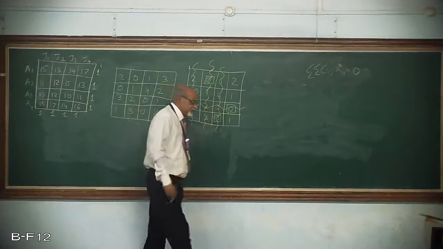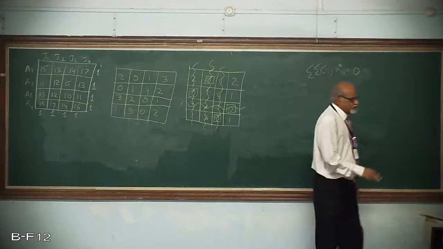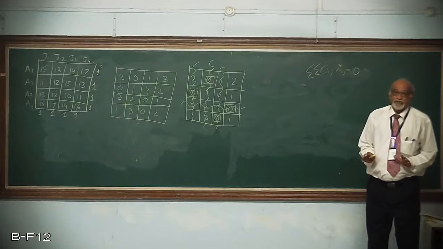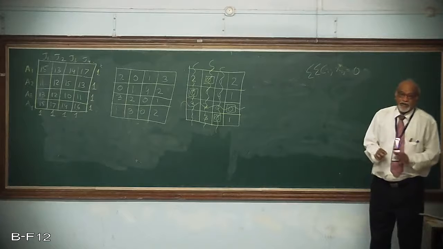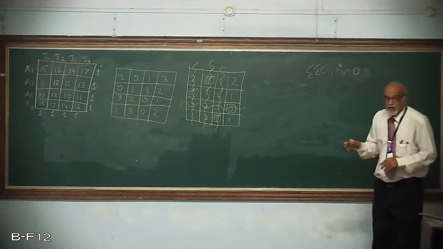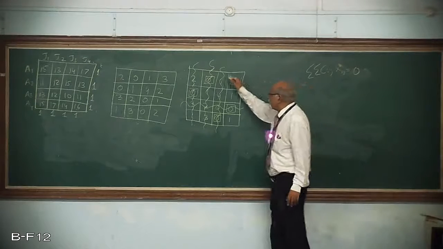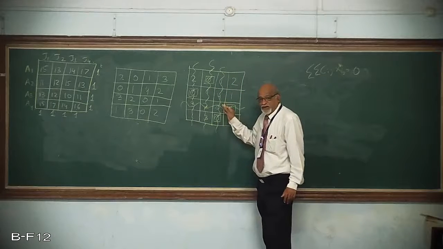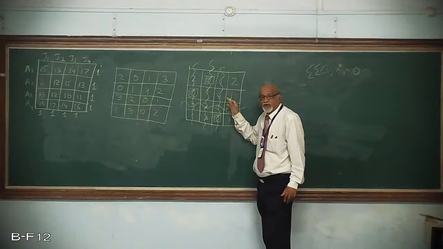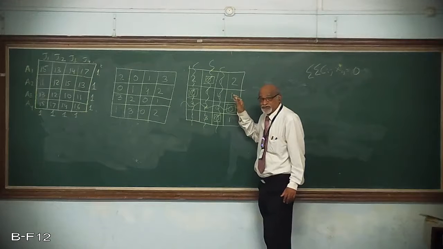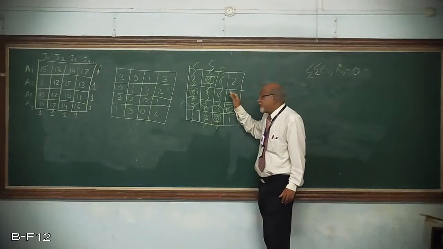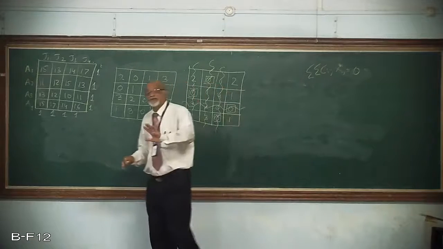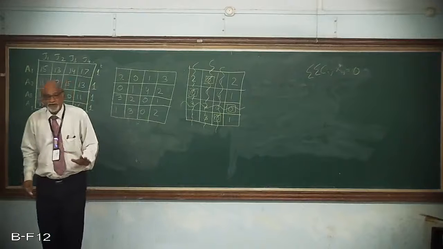Because the textbook says that if you are able to cover all the zeros with the minimum number of lines, and if this number of lines is equal to the order of the matrix, here a 4 by 4 matrix, so if the number of lines is 4, then the optimal condition is reached. It will not have more than 4. This is what it ensures. And if it covers fewer than 4, then the optimal condition is not reached.